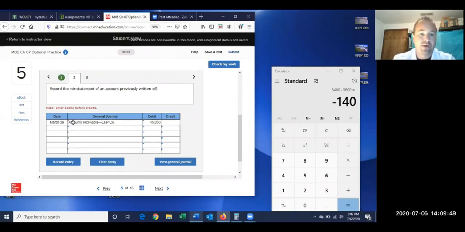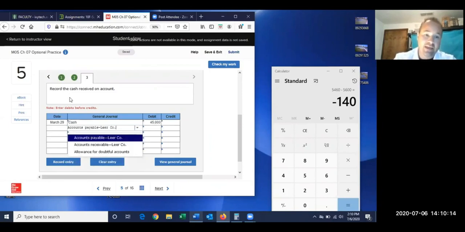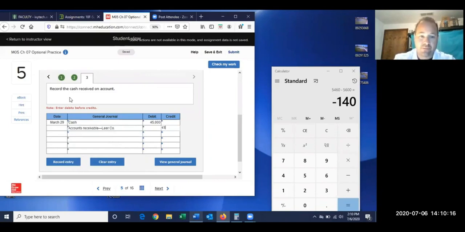So we're going to debit 45,000, and this is one of the only times that we can ever credit an expense, is if we have to undo it. And then that entry that we just did before is now basically canceled. We're back to account receivable being at 45,000. So now we're going to show that we got cash for 45 grand and took it right back off the account of Lear company.